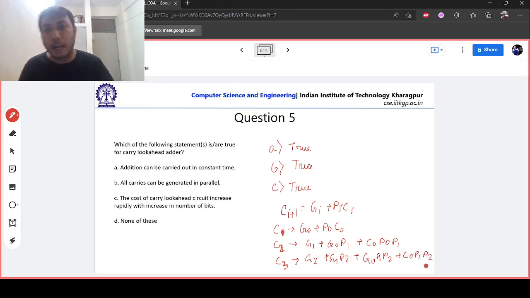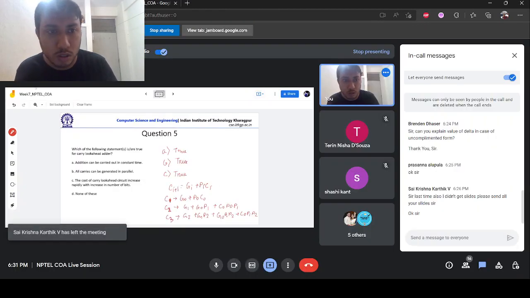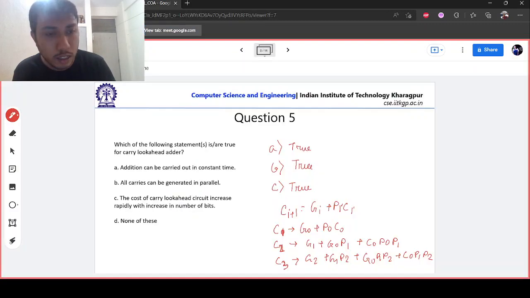As you see, as the number of bits increases, the circuit for carry generation is constantly increasing. That is one of the most significant drawbacks of the carry look ahead adder. The cost also increases as the number of bits increases. So option C is also true. Correct.